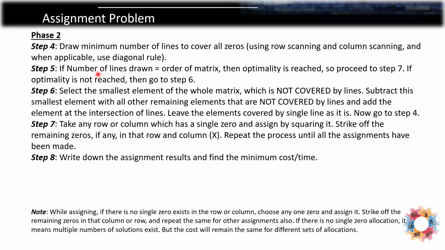Then after that, you check if the solution is optimal by using the optimality test. To do that, you count the number of lines drawn on the matrix table and check if it is equal to the order of the matrix. Now, order of the matrix refers to the number of rows or the number of columns, because in a balanced problem, the number of rows and the number of columns are equal.